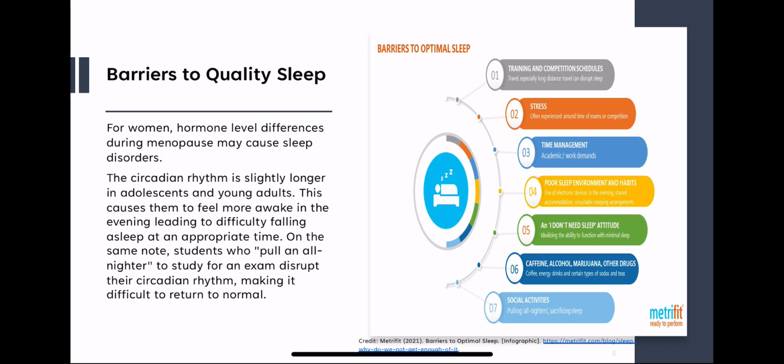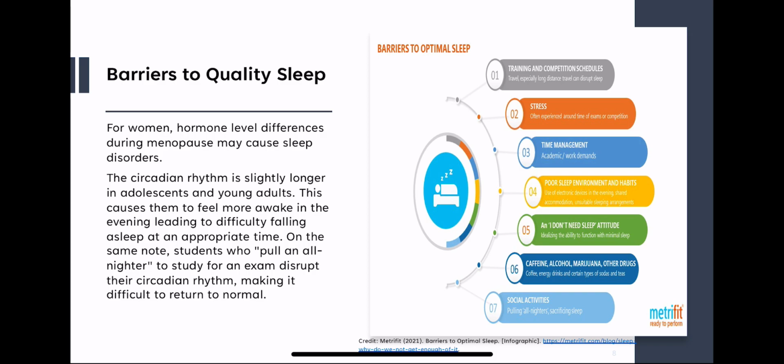And what ends up happening is they're messing up their circadian rhythm. So it is already known that their circadian rhythm is a little bit longer for adolescents and young adults, which many college students, especially those who do college straight after high school, are in that young adult category. So their circadian rhythm is still a little bit longer, and they're a little bit more awake in the evening.